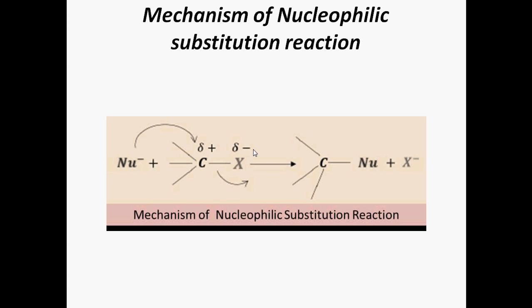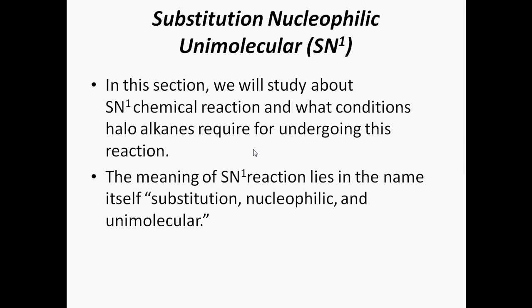In this case, the nucleophile will attack the reactant, and since it is an electron-rich species, it will attack the carbocation and form the new product. This SN1 reaction, the substitution nucleophilic unimolecular reaction, is a two-step reaction.